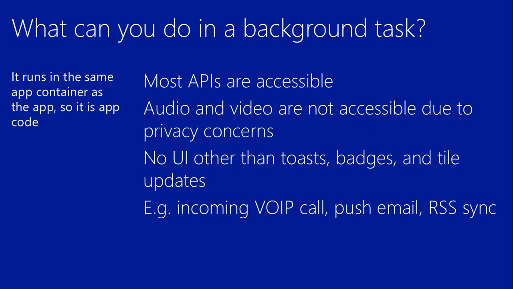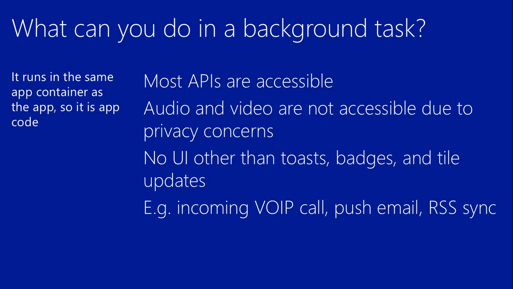If you want to communicate, you can do so by using toast notification, badge notification, or tile notification. For those of you who do not know what a toast notification or a badge notification is, a toast notification is the notification which comes on your laptops or tablets in the top right corner in a rectangle.